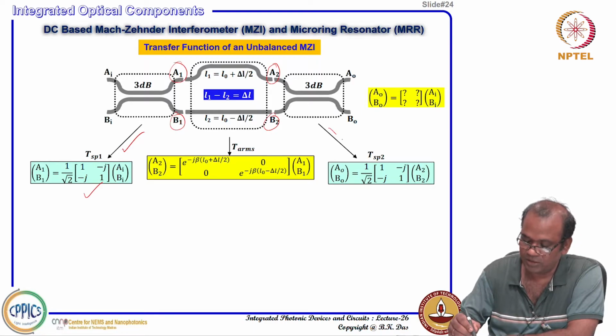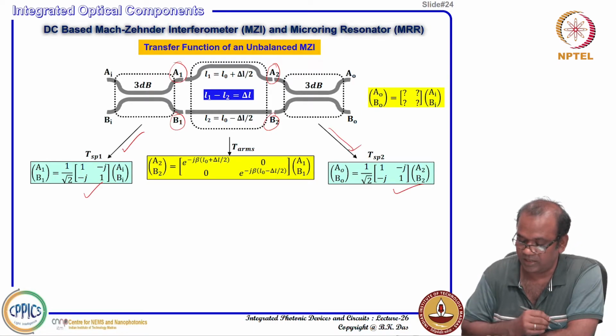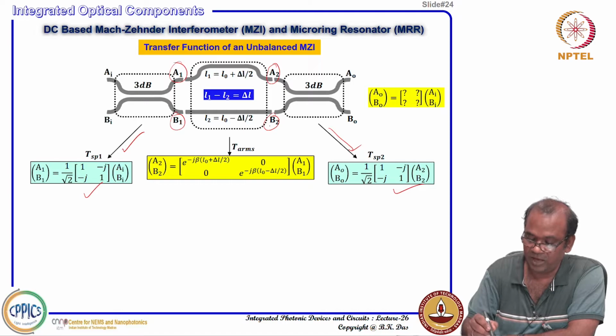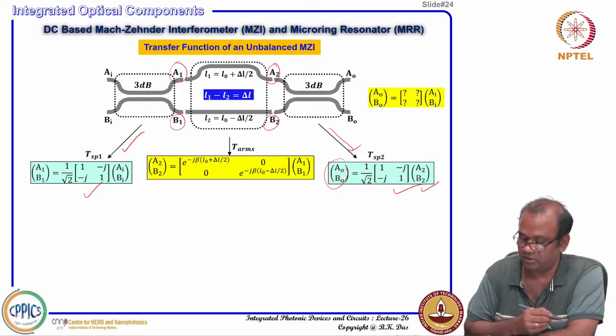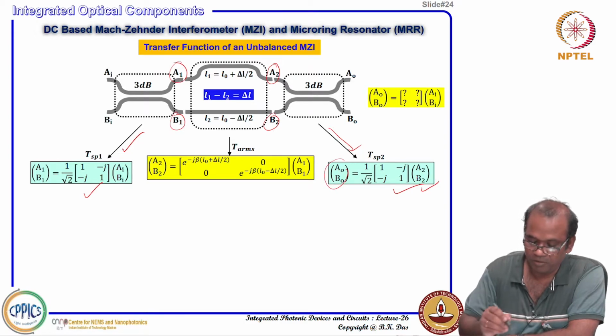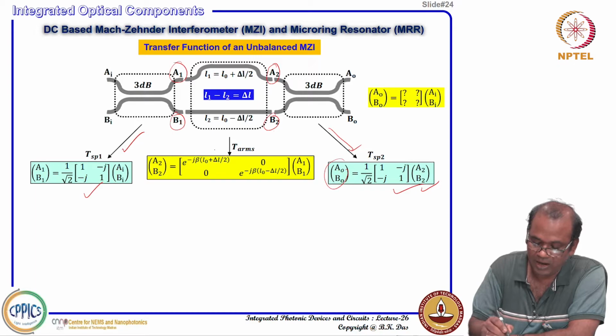For the second 3 dB power splitter, depending on the annotation here, A2, B2 is the input and A0, B0 is the output; A0, B0 you can represent in terms of A2, B2. But in between, A2 equals A1 e to the power minus j beta L0 plus delta L by 2.